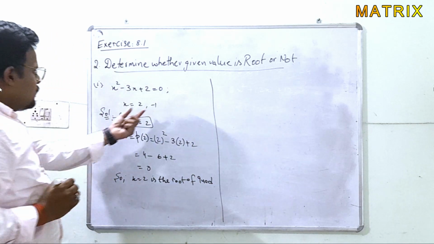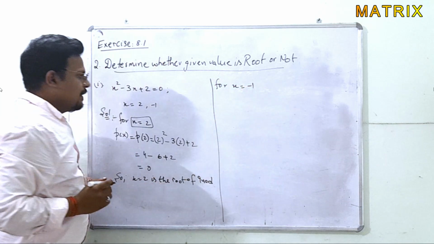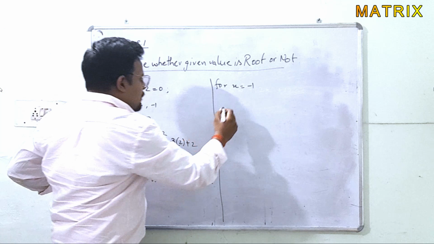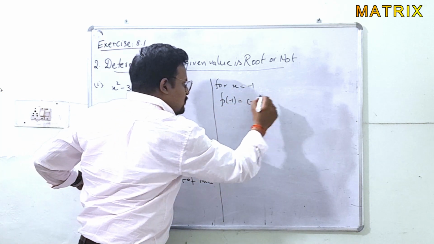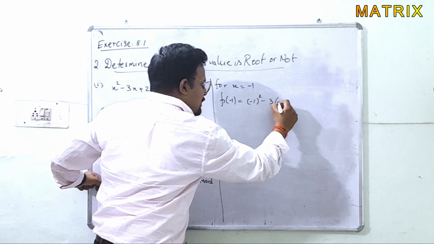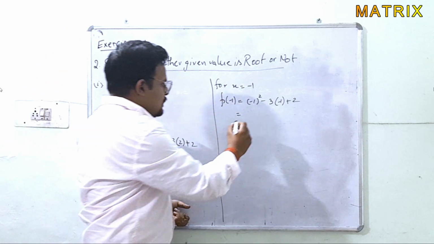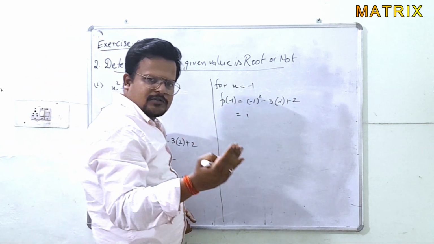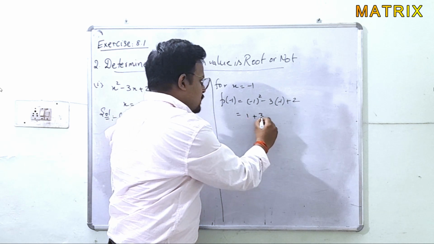So for x is equal to minus 1, when I put this value in this, it will be p of minus 1, that is minus 1 raised to power 2 minus 3 multiplied by minus 1 plus 2. When I solve this, it will be 1. Clear? Minus 1 raised to power 2 is 1, and minus 3 times minus 1, negative negative will be positive, 3, plus 2.